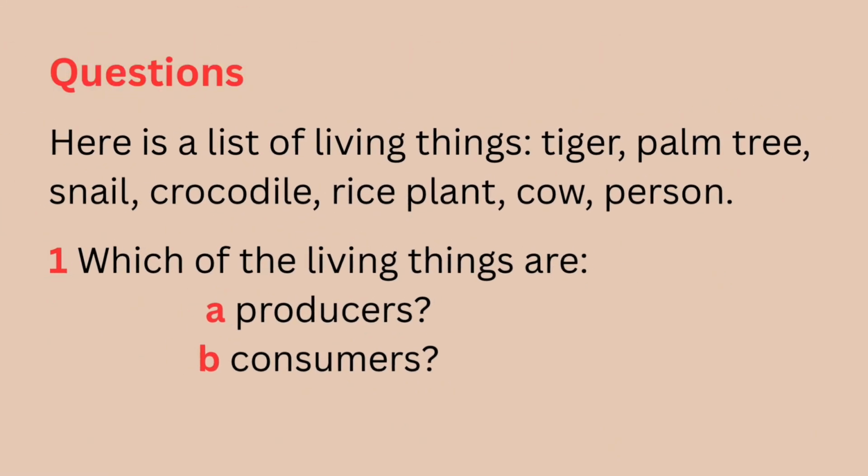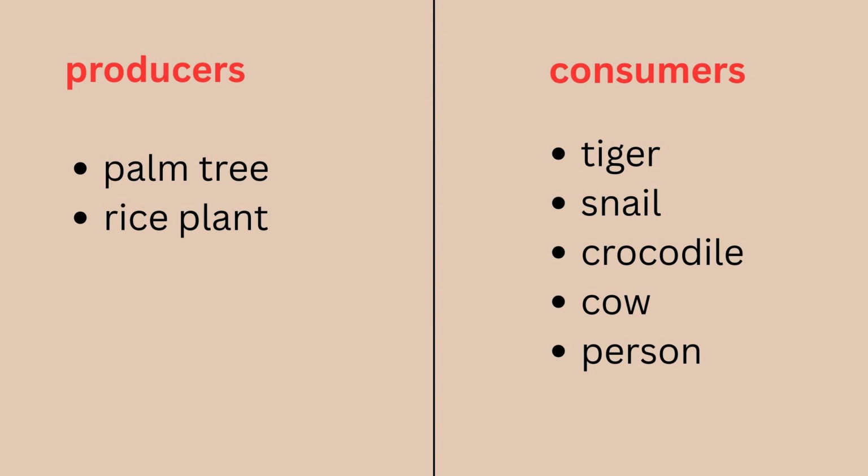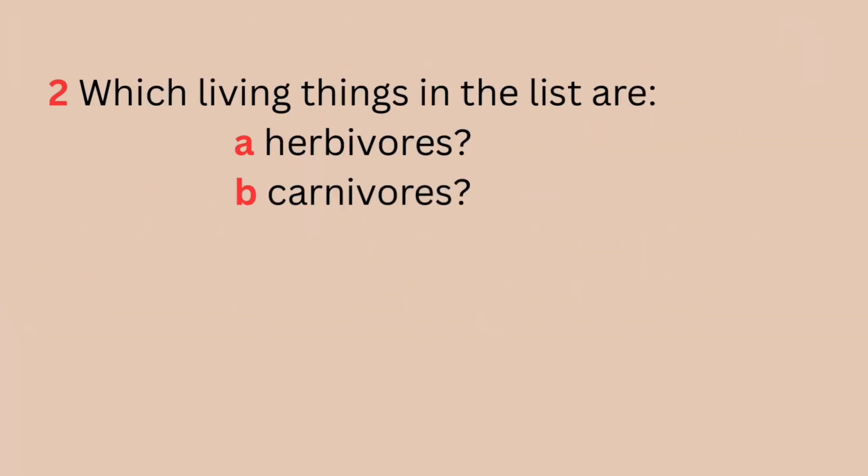Questions. Here is a list of living things: tiger, palm tree, snail, crocodile, rice plant, cow, person. Question number 1. Which of the living things are A. Producers, B. Consumers? So, producers are palm tree and rice plant. And the consumers are tiger, snail, crocodile, cow, person. Question number 2.